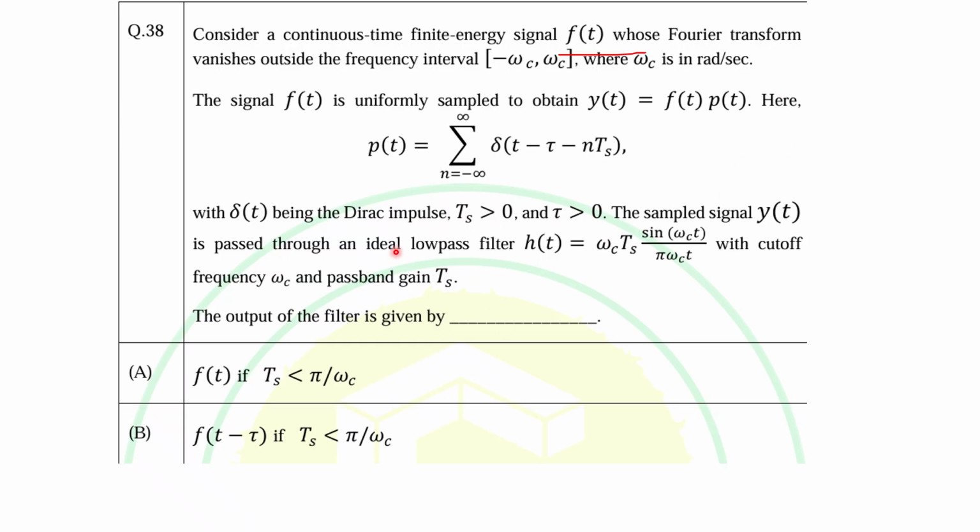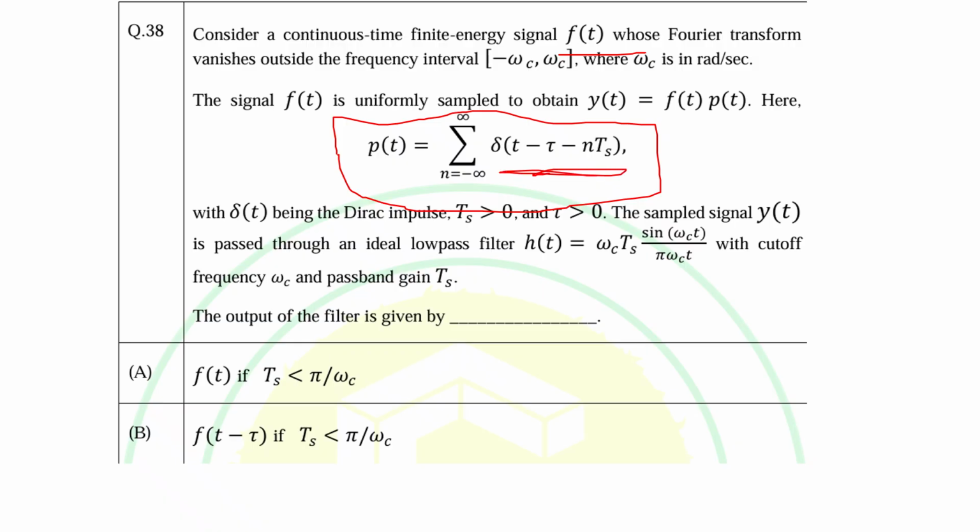So here you can see how we can apply signal and system techniques. y of t is nothing but f of t and p of t. f of t is your transfer function and p of t is the input, right? So for the time being, let's talk about this input. The input is your pulse train p of t, already given here, that is delta of t minus tau minus nTs. So the input is given.